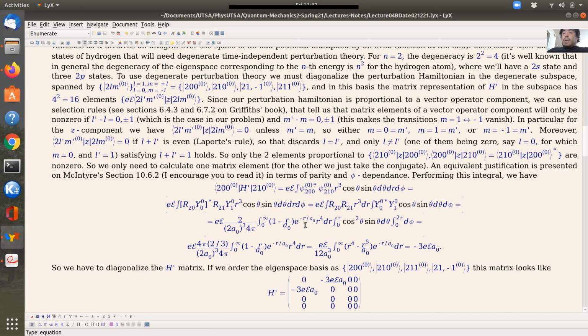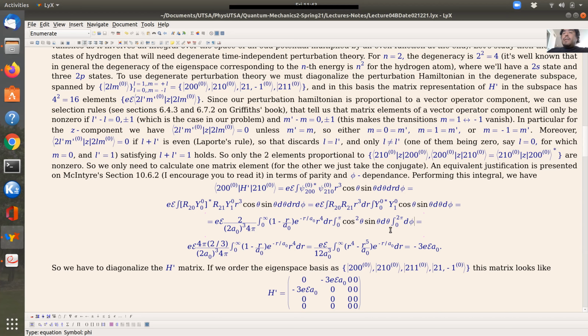You would get this. So you have the Gaussian part, and then r to the fourth combined with the r cubed, and then 1 minus r over a naught, where a naught is related to, of course, the Bohr radius. And if you plug in the spherical harmonic section on this part and you further separate, you'll have cosine squared of theta, sine theta d theta, and then, of course, the azimuthal integral, where it has no complicated function.